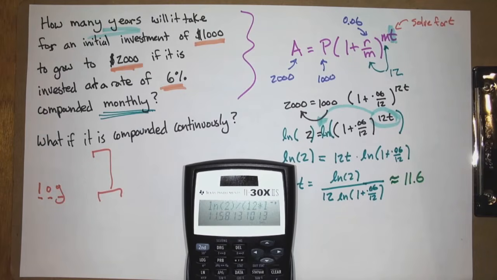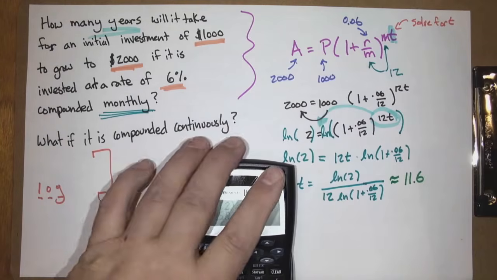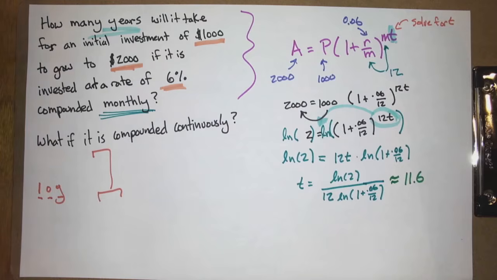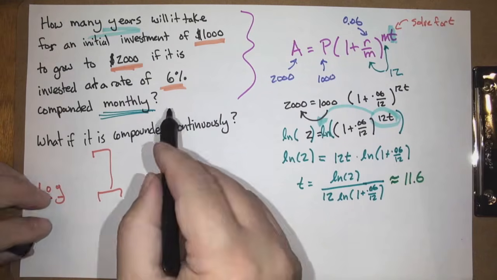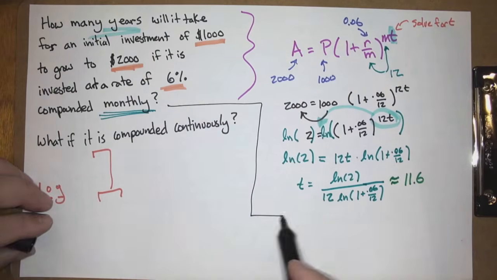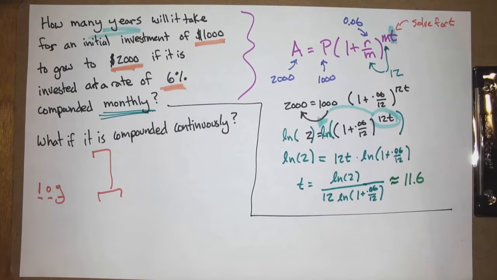But 11, it's like, yeah, I can kind of see that. I mean, worst case scenario, you got at least 60, 70% just from interest, and that doesn't even take the compounding interest. So always stop and ask, hey, is this reasonable? If not, check yourself. As the great mathematicians would say, you should check yourself before you wreck yourself.